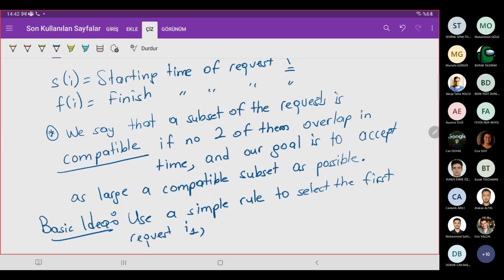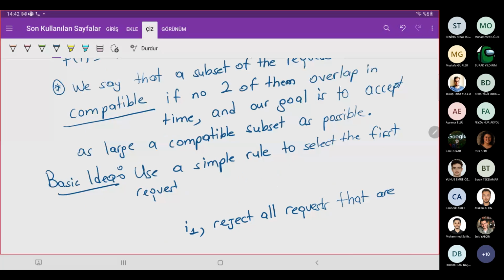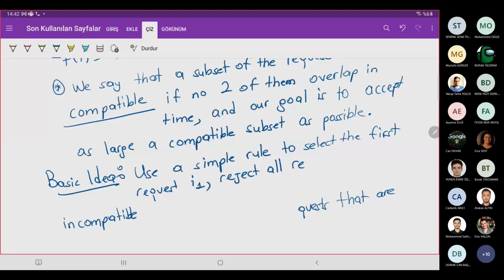Reject all requests that are incompatible with I1.